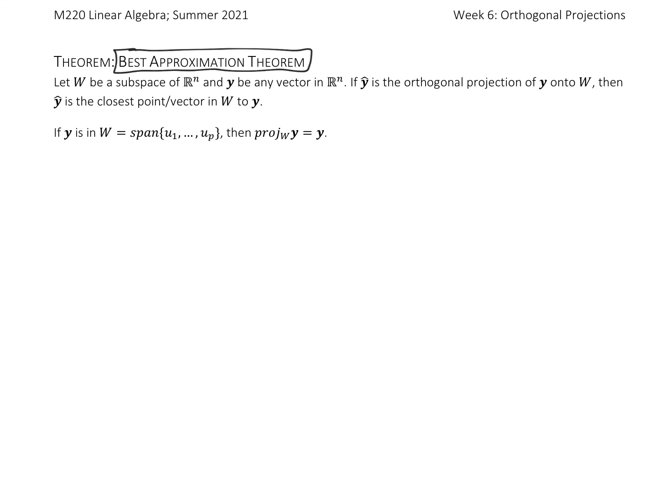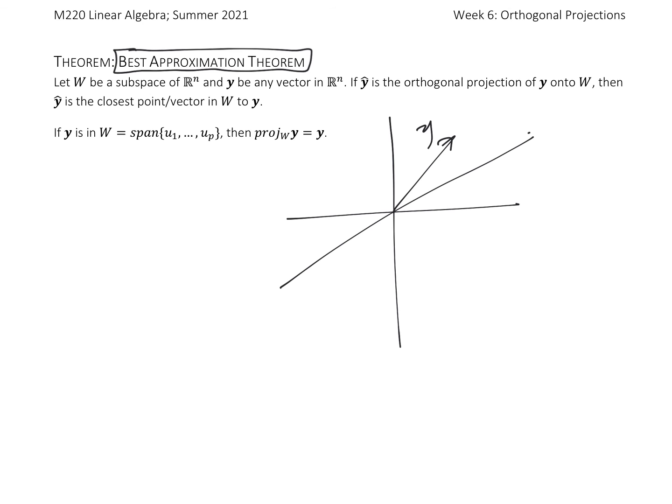If we think about it, here's y. Here's my subspace W. In this case, I'm going to let it be a line. My y hat needs to be in W, whereas y doesn't have to be in W. Y is some other vector in the larger vector space, and W is some subspace of that.